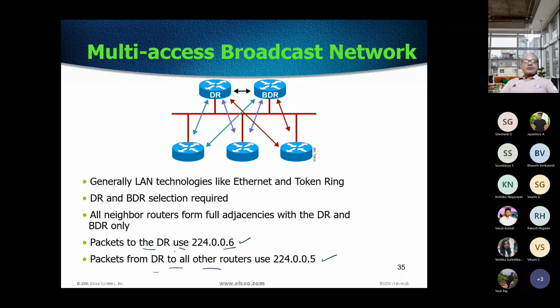So when these routers send any update, they send it to the DR using the 224.0.0.6 IP address. When the DR shares the updates with the other routers, it uses 224.0.0.5. This is an interview question, guys, or even in your exam. You should remember these multicast IPs.